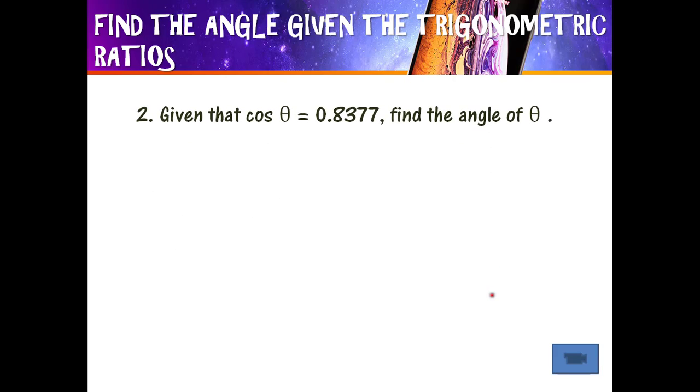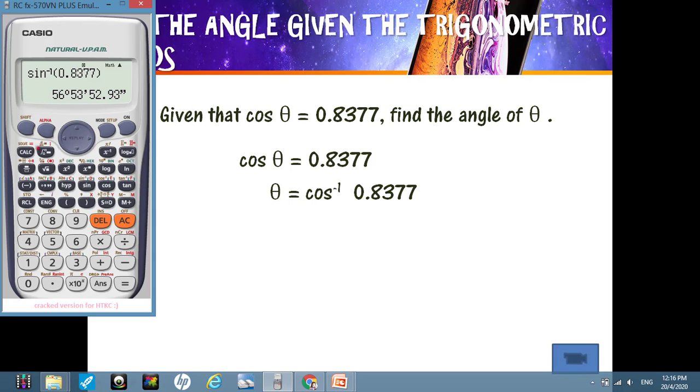Example number 2: given that cos theta, note that a ratio doesn't have any unit, find the angle of theta. Cos theta equals 0.8377, and then theta equals arc cos, same as here, so shift cos 0.8377.